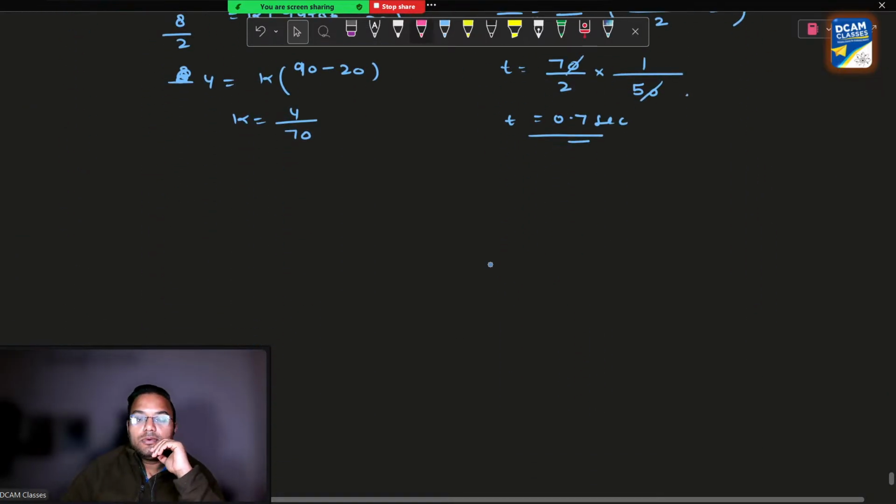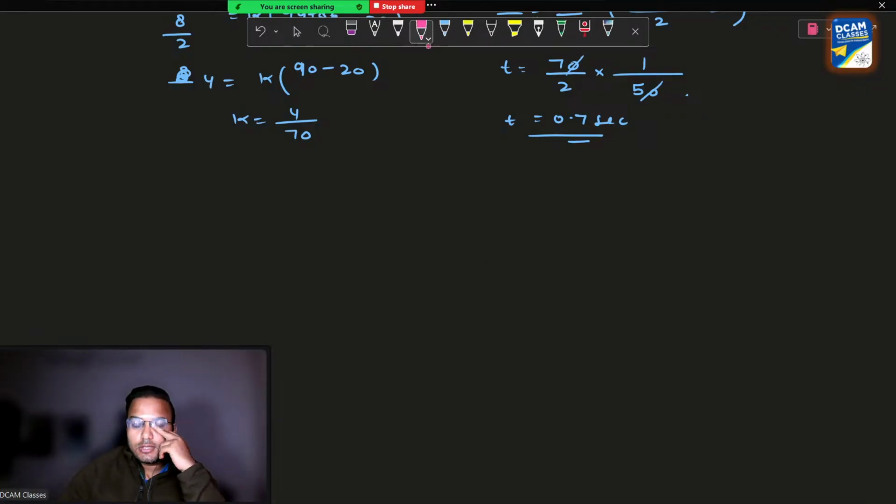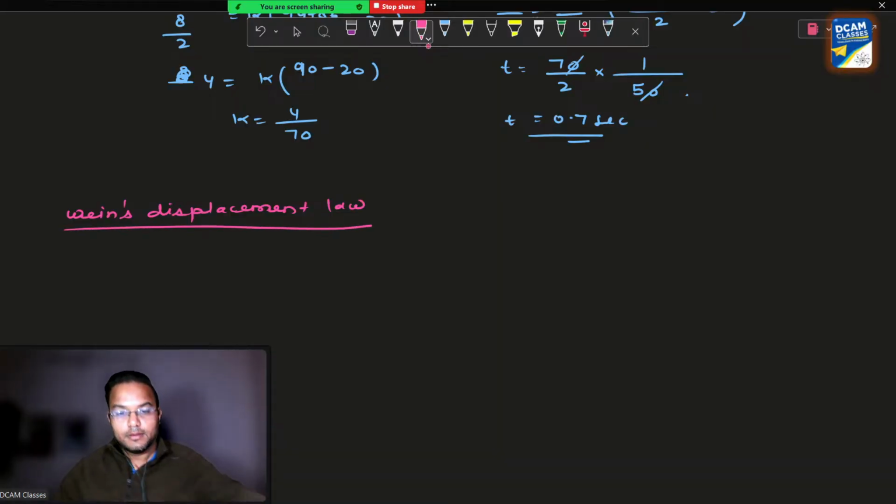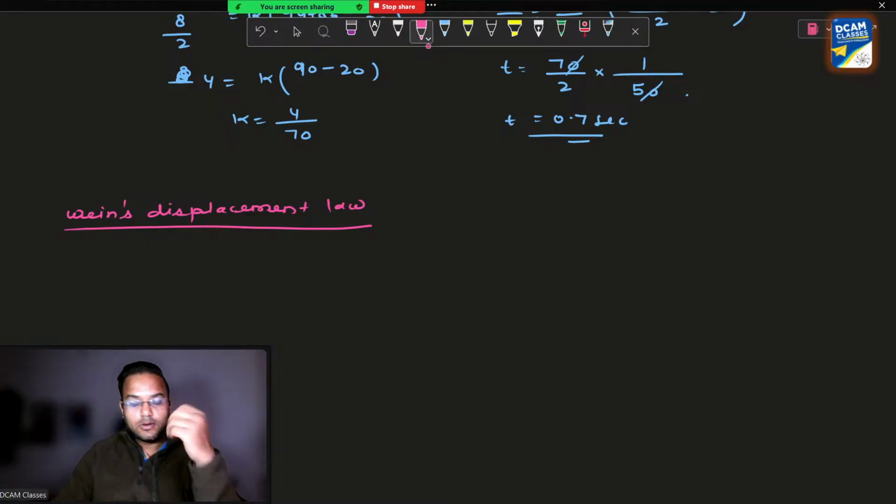So now one more law I'll teach you, and then I'll ask you to solve some more questions of JEE Main. Next is Wien's displacement law. This Wien's displacement law actually works only for a black body.